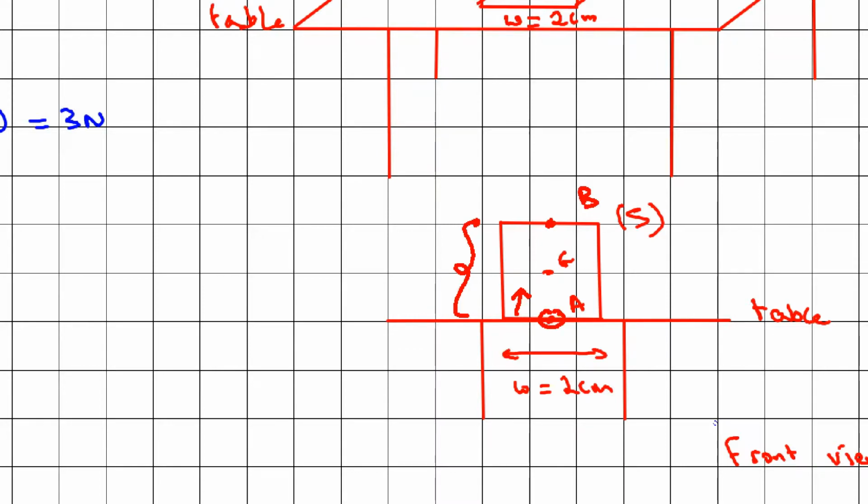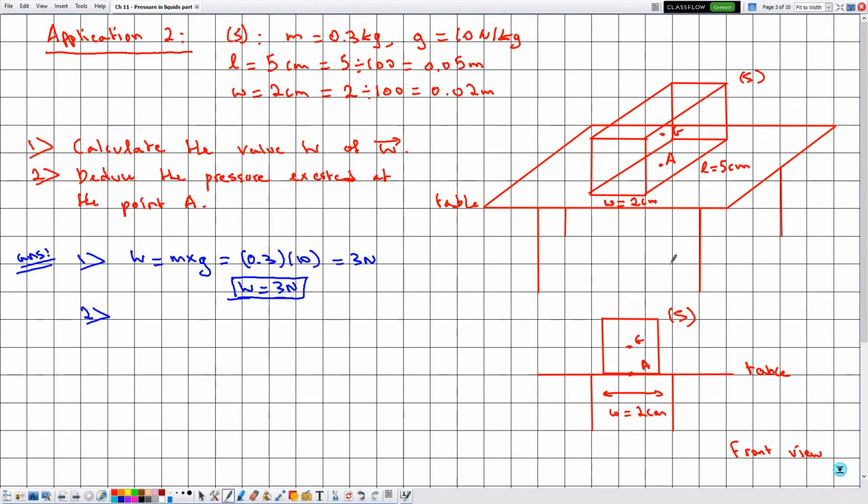So notice that what is separating the points A and B is solid. And Pascal's theorem states that only liquids transmit pressure. Now because this is a solid, then the atmospheric pressure will not be transmitted to the point A. So A will be only submitted to the pressure of the solid. So let's say that A is submitted to the pressure of the solid S, for example.